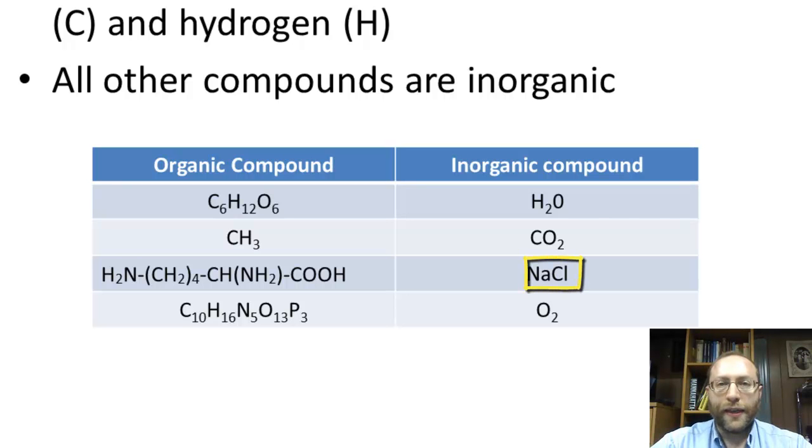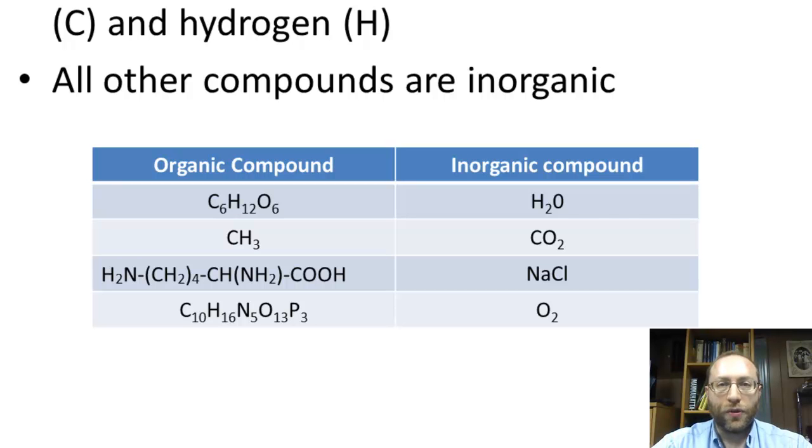The next one, NaCl, which is sodium chloride, which is table salt. That's inorganic. It has neither carbon nor hydrogen. And the compound that you see down there, C10H16N5O13P3, that is ATP, and ATP is basically the compound that contains energy for our cells, and we'll be running into that quite a bit.